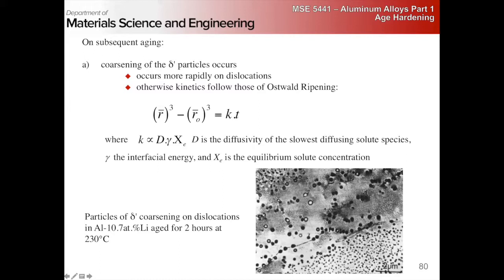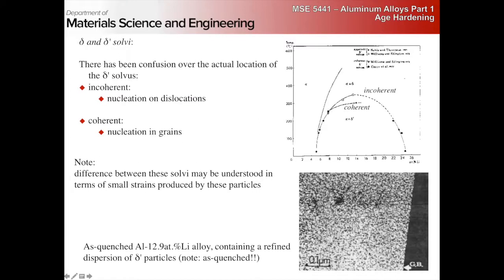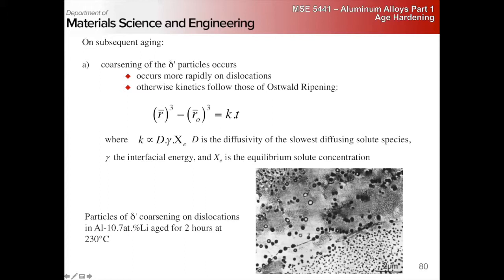In regions where we don't have any dislocation, they haven't coarsened quite as quickly, but they're still significantly larger than the as-quenched structure. This scale bar is 0.1 micron. This scale bar is 2 microns.